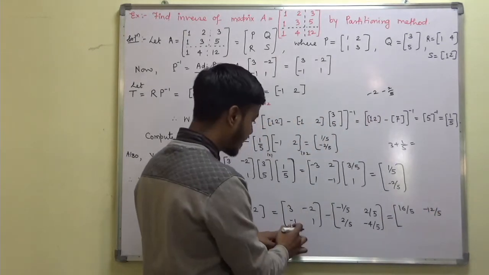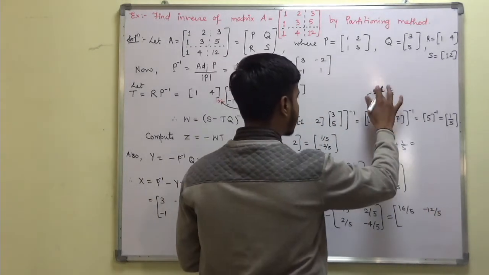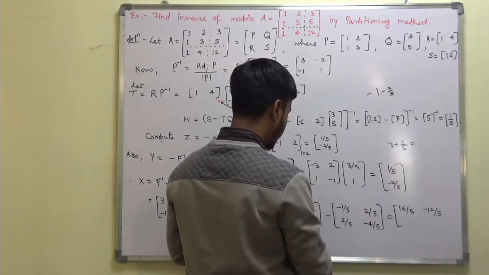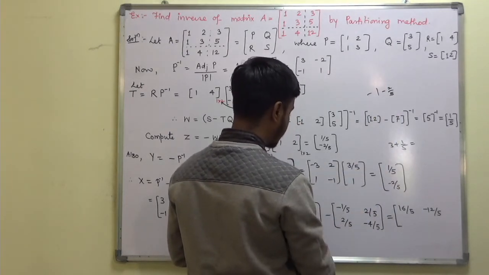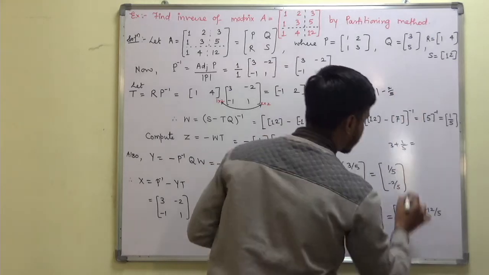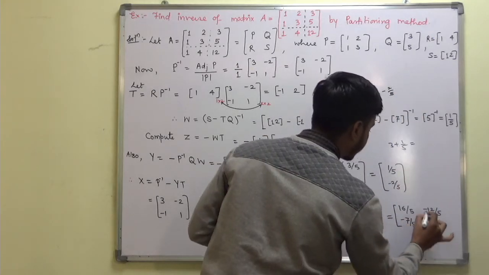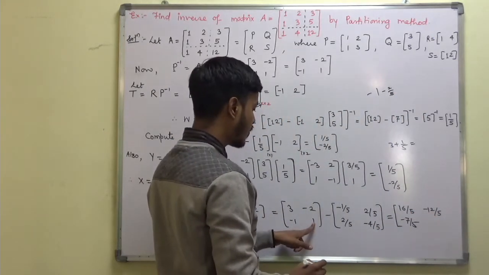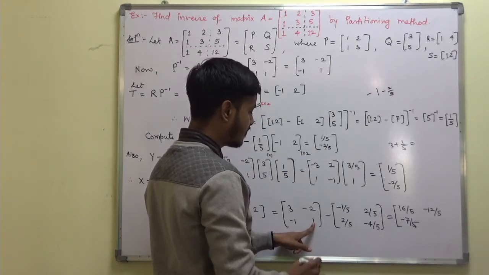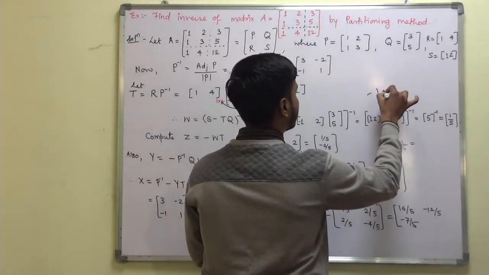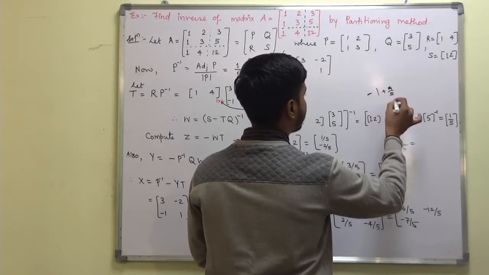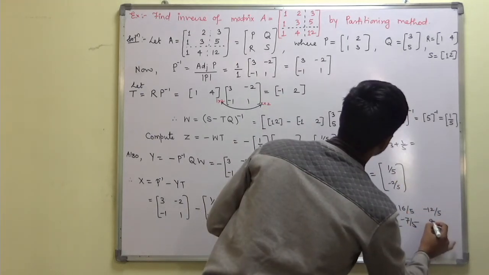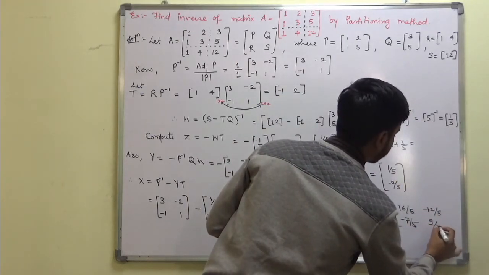Then we have minus 1 minus 2 by 5, which is minus 7 by 5, right? And then we have 1 plus 4 by 5, so this is 9 by 5.